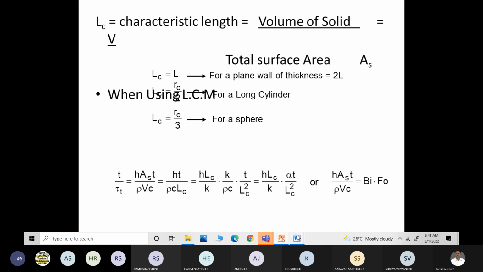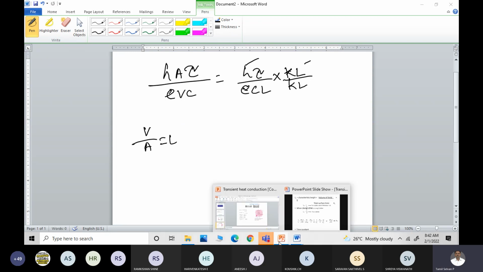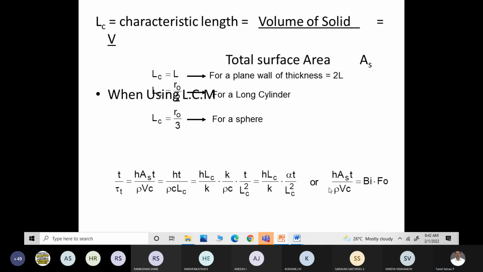Yes, sir. See, h is here, L is here, hL by k. So what is hL by k? It is nothing but the Biot number. And there is one more thing, alpha t divided by Lc squared.